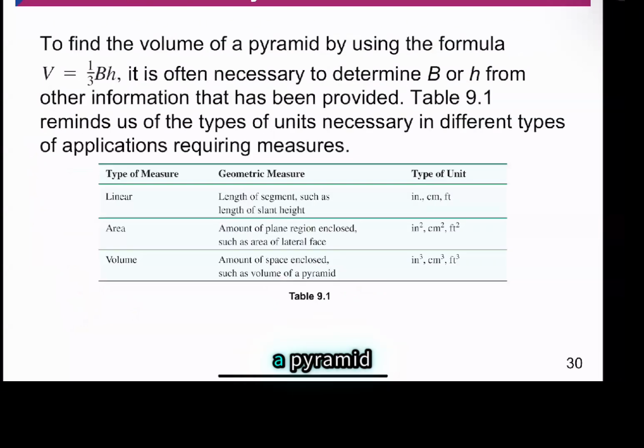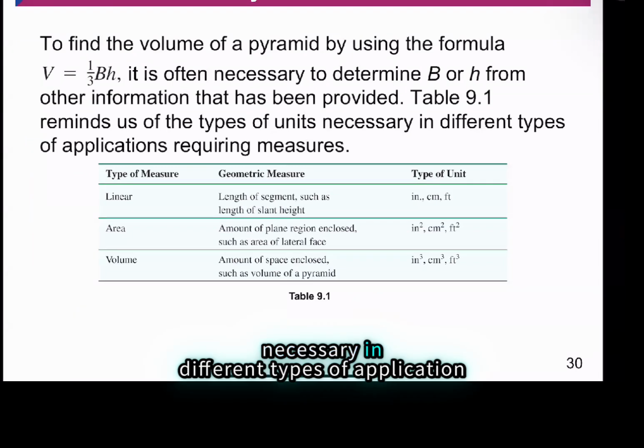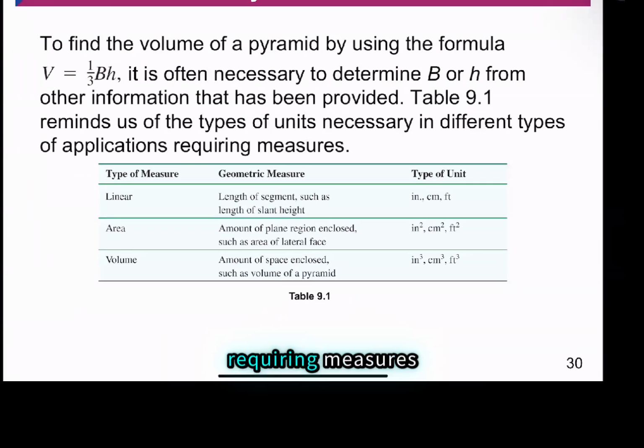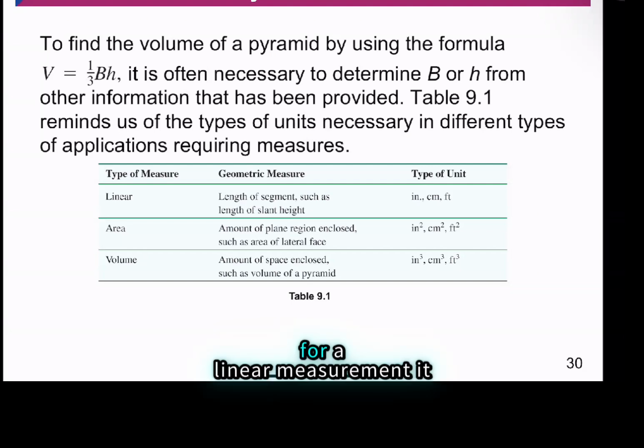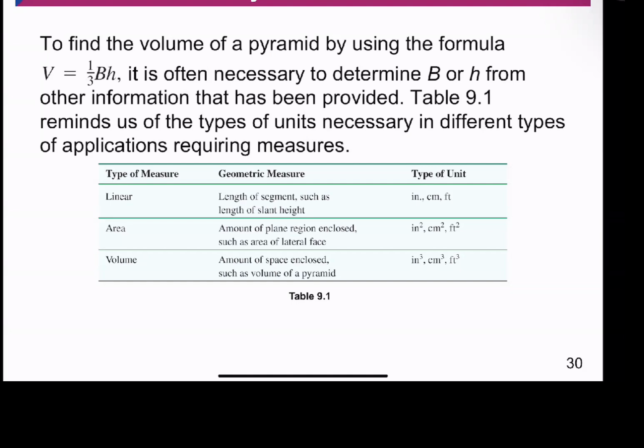To find the volume of a pyramid by using the formula V equal to 1/3 base times height, it is often necessary to determine B or h from other information that has been provided. Table 9.1 reminds us of the types of units necessary in different types of application requiring measures. For a linear measurement, such as the length of the slant height, the unit is inch, centimeter, or foot.